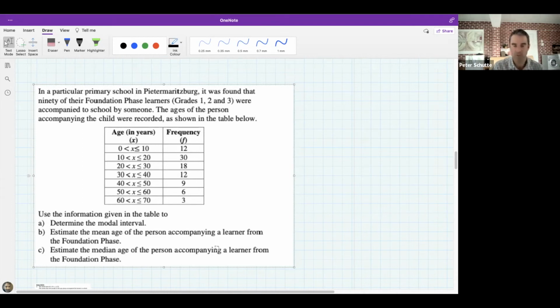Now, what I want to ask before we even go to question A is how many people in total, or how many data items do we have in total here? They've given us a frequency column, but I want to know what is the total number of data items in this data set?